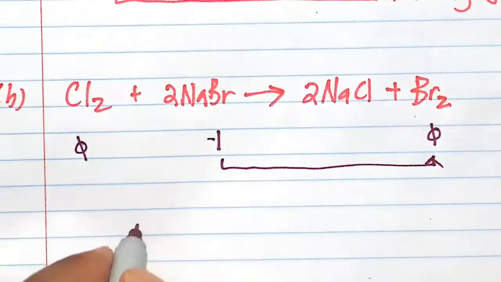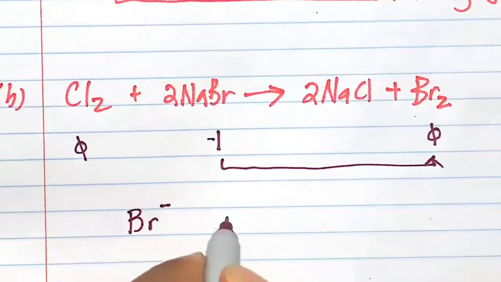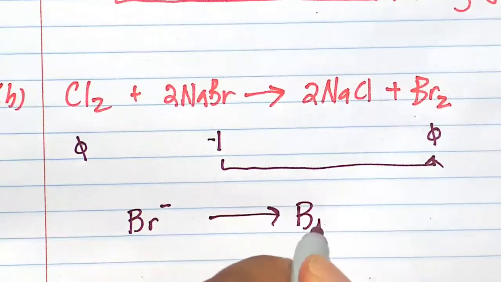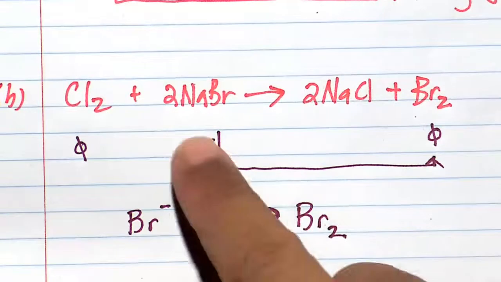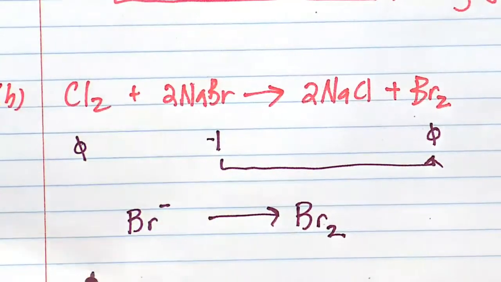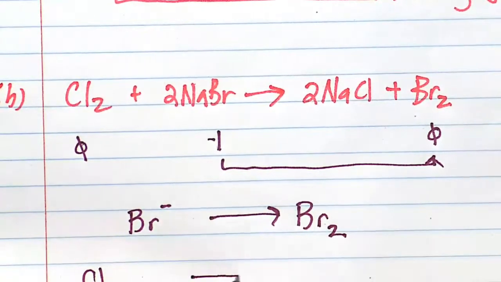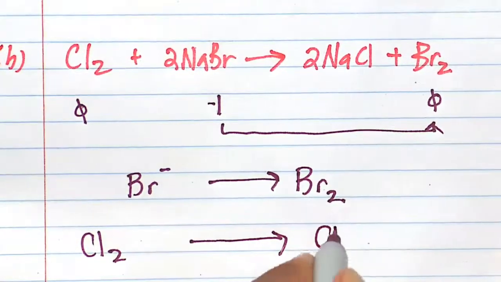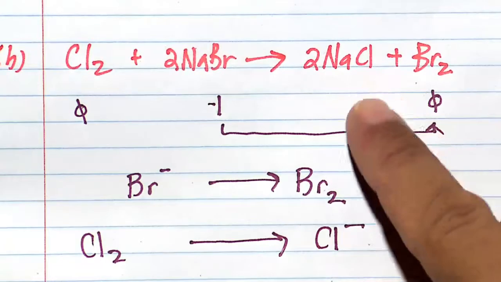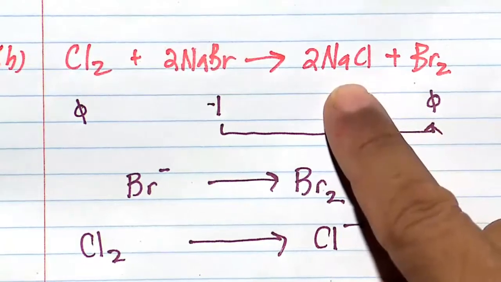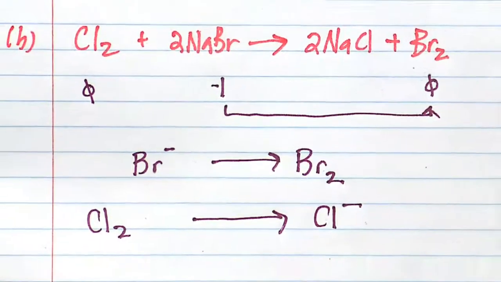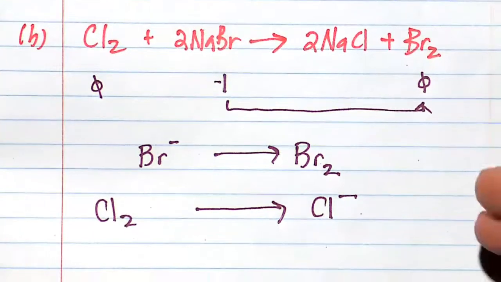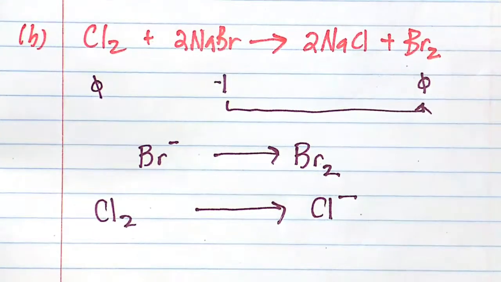So we have Br minus going to Br2. And then we have Cl2, which has an oxidation number of 0, going to an oxidation state of minus 1, Cl minus. Because remember, in sodium chloride Na is plus 1, Cl is minus 1. So these are the two half reactions that we split to get this redox reaction.